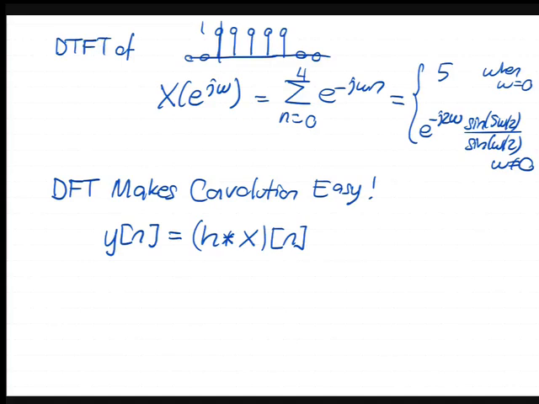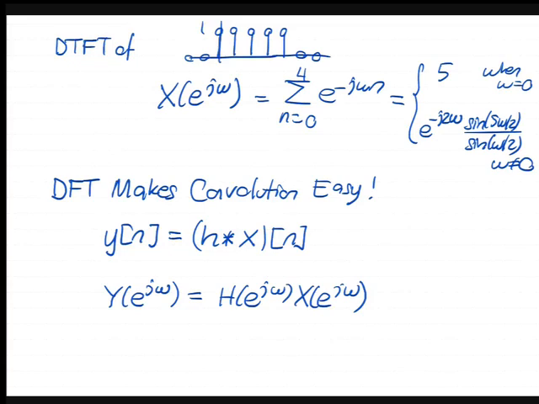remember first of all what this means in the frequency domain, in the DTFT. If I'm taking the convolution of two discrete time signals, what can you tell me about their DTFTs? H of e to the j omega times X of e to the j omega. Now, if I take samples of both sides, the samples on the left-hand side will give me the DFT coefficients of y.